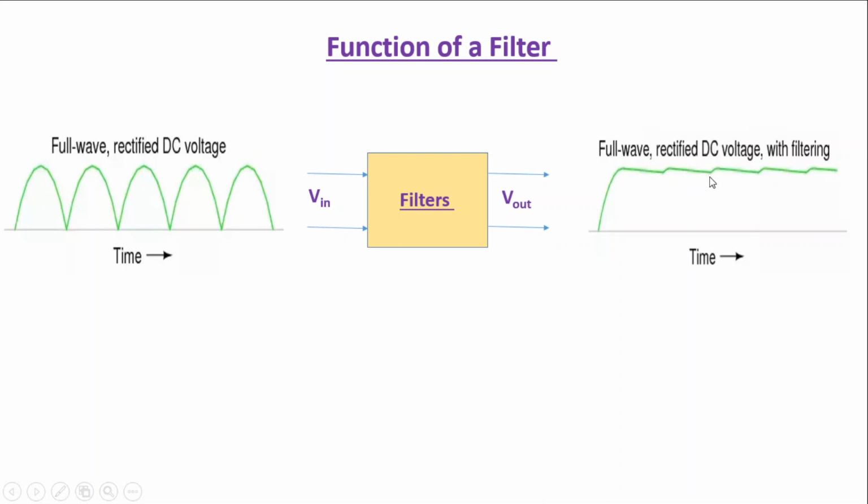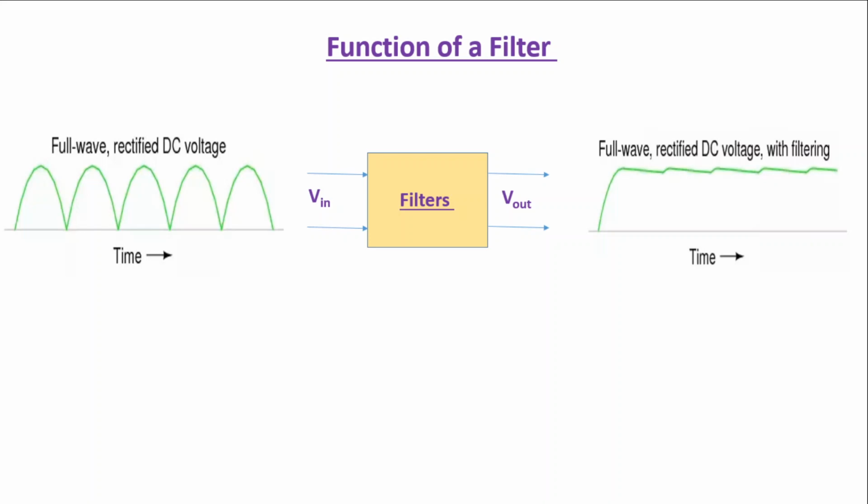It still has an AC component, because it's still varying, but it is far better than the rectified DC output voltage. So after filtering, much of the AC component is lost, and the output is almost a steady DC voltage.